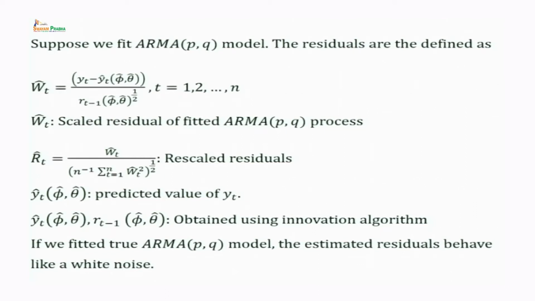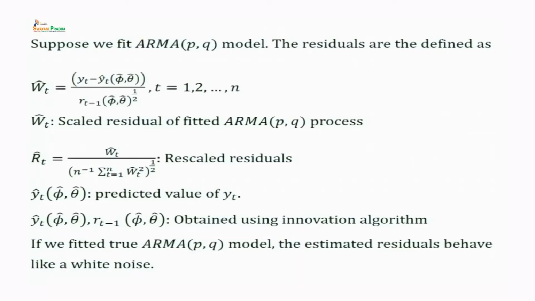Now, if you have fitted a proper model, a true model, meaning your fitted model is the true ARMA(p,q) model, then the estimated residuals should behave like a white noise process. This is something in which we are interested: whether your estimated residuals follow a white noise process or not. And what are the properties of a white noise process?